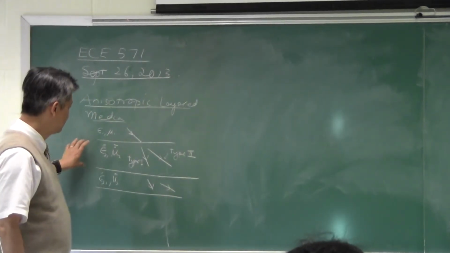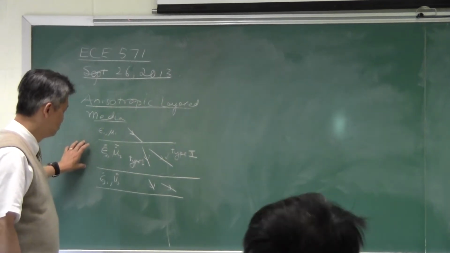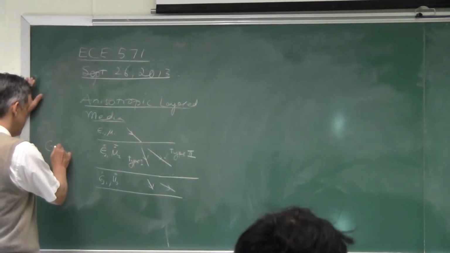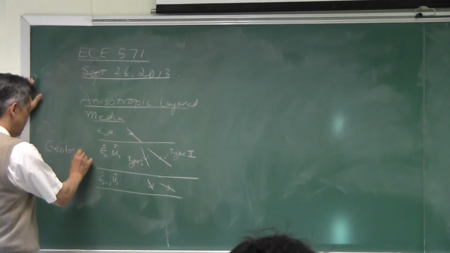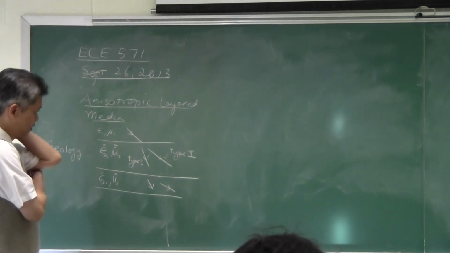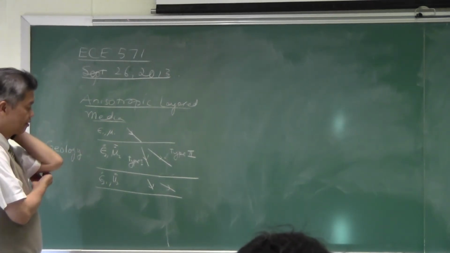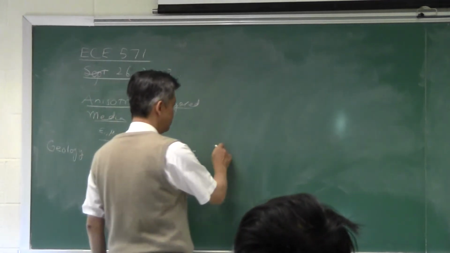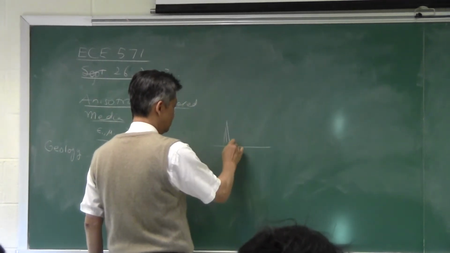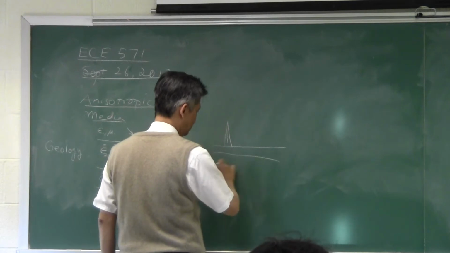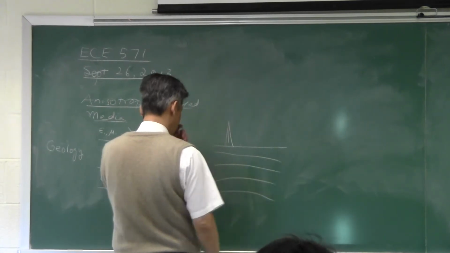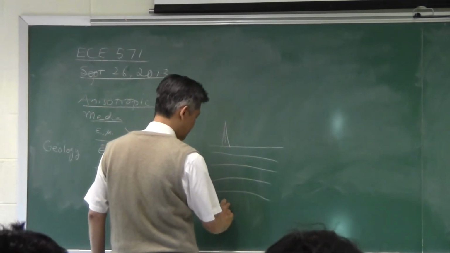Okay? And this kind of problem could be useful in geology, say if you work for Schlumberger. And they are doing the prospection of the underground earth. Like they might look for oil, and they might have an oil rig, and they put sensors, and then they want to look for what is underneath the earth. The earth is made from sedimentation.